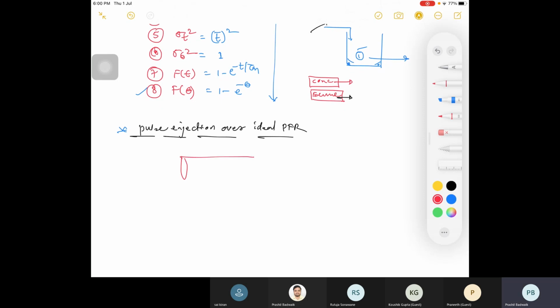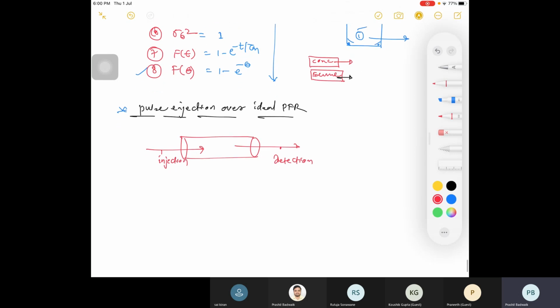This is your PFR. You have the injection and this is your detection point. Now what is your profile at the start of your reactor, that is your injection?